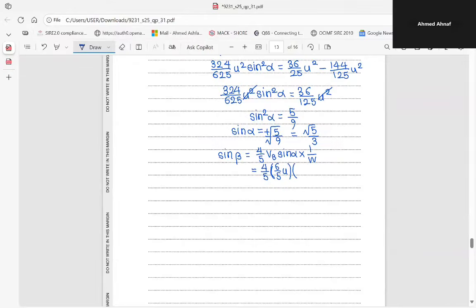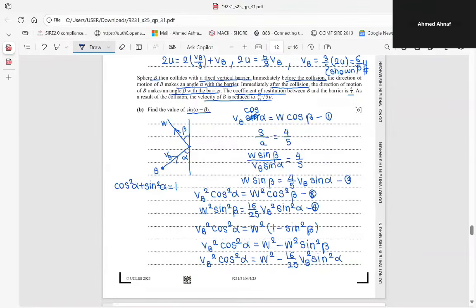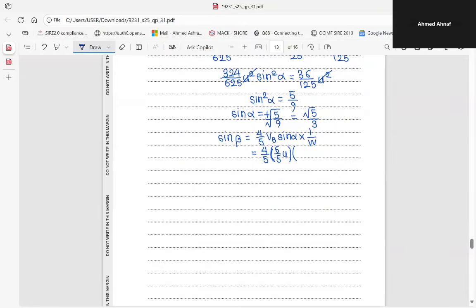Then sine alpha is, oh wait, it is √5 over 3.